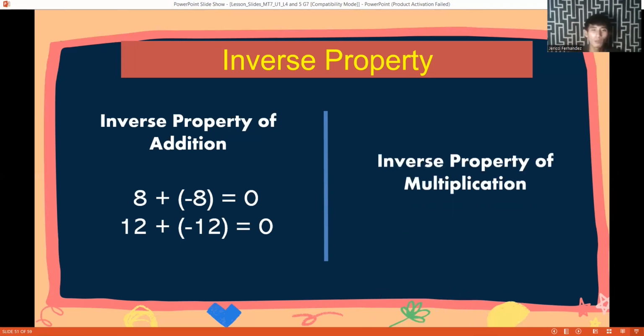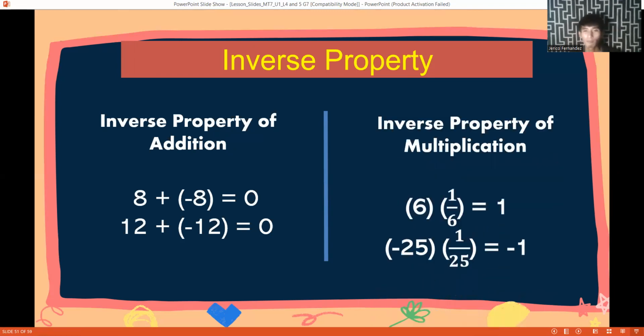So we have the inverse property of multiplication. 6 times 1 over 6 is equal to 1. Negative 25 times 1 over 25 is equal to negative 1. As you can see, 6, di ba ang lahat ng whole number, ang denominator nila ay automatic 1. Kasi 6 divided by 1 is 6. Lahat ng whole number, automatic, ang kanilang denominator is 1.